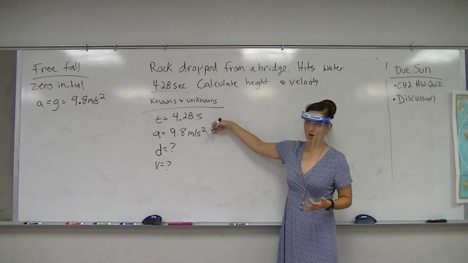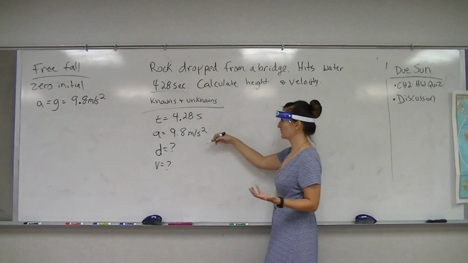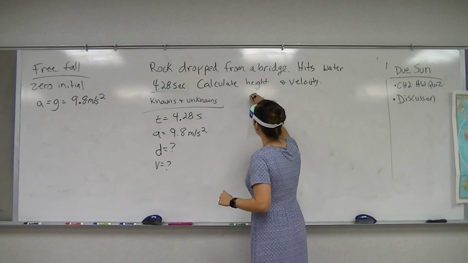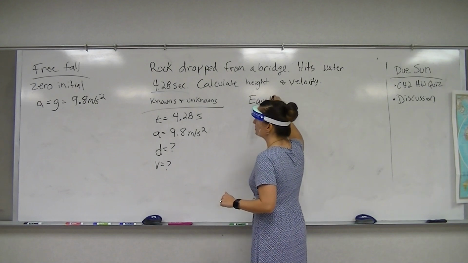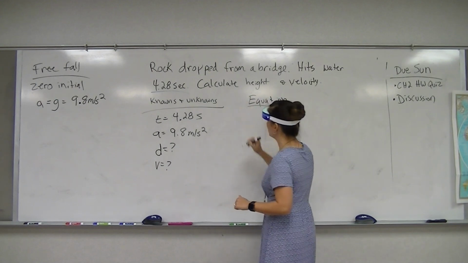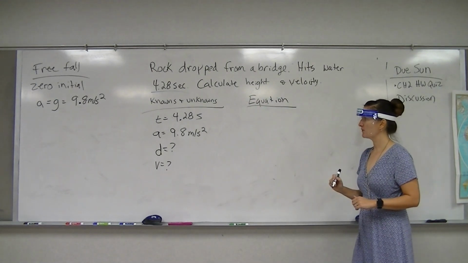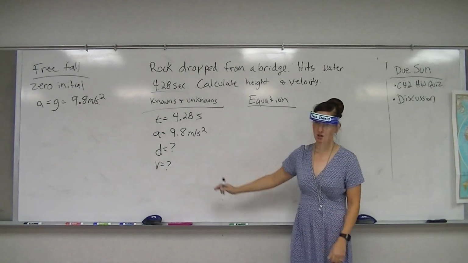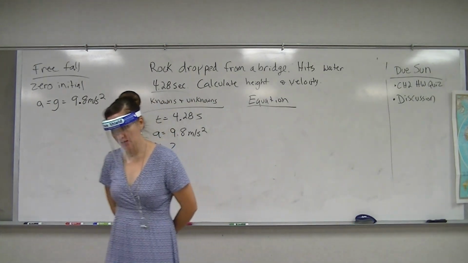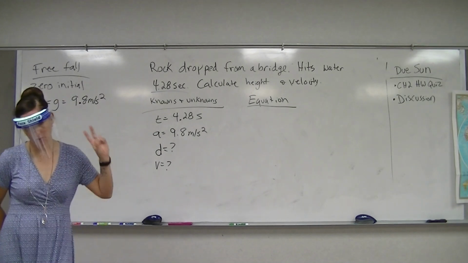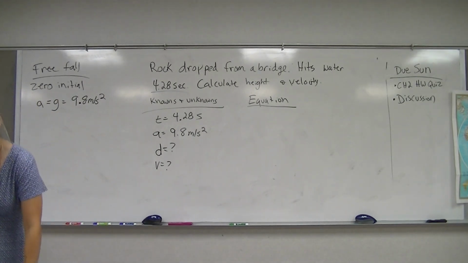Double check quick, we are in the units we want, so we're not doing the conversion step. So the equations, we are using the zero initial velocity equations, and we want to find one with these variables. So when I look at the distance equation, if I wanted to solve for distance first, there's only two choices. The top one, d is equal to v average t.